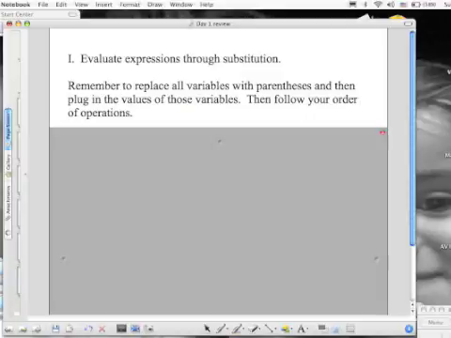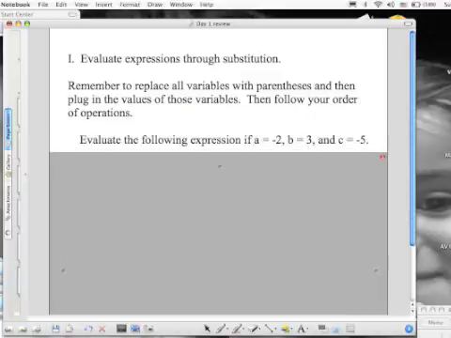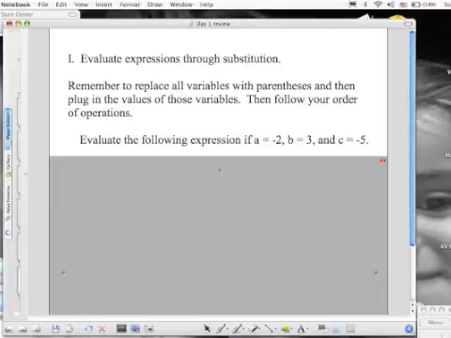Please excuse my dear Aunt Sally, which stands for parentheses, exponents, multiplication or division, whichever order it appears in the problem, and addition or subtraction in the order that appears in the problem. Okay, here's an example. Evaluate the following expression if A is equal to -2, B is equal to 3, and C is equal to -5.